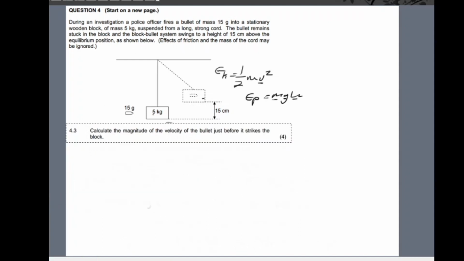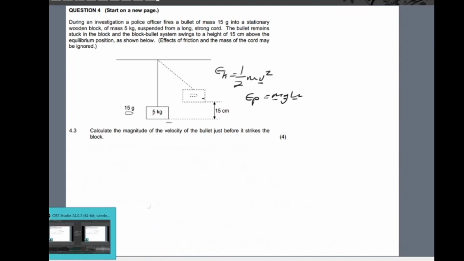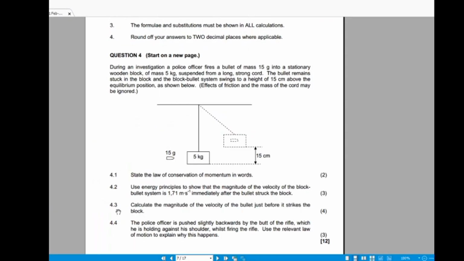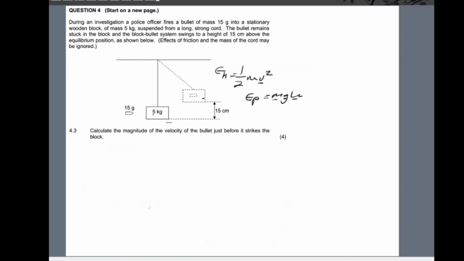So 4.3 is to calculate the magnitude of the velocity of the bullet just before it struck the block. In 4.1 we were asked to define the law of conservation of momentum. So now 4.3 is to apply this law of conservation of momentum, right?